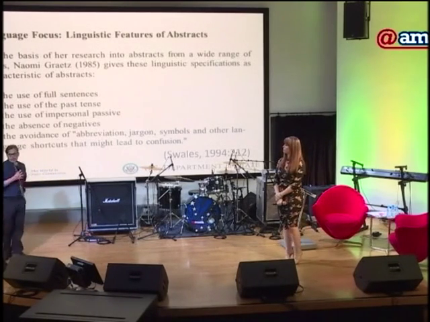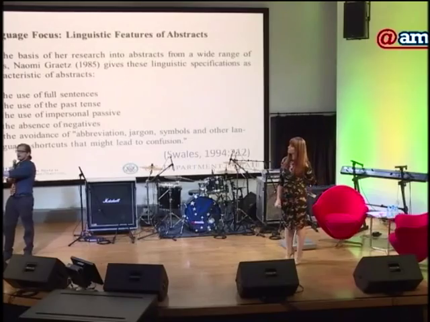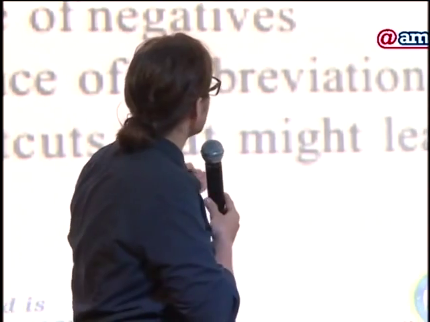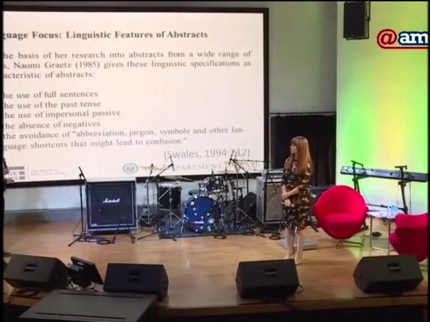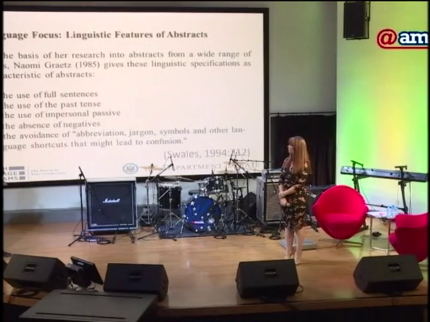And I heard this over here in my group when we were discussing the features for international publication: you want to use clear language that can be understood by a wide audience. So you do not want to use abbreviations. You do not want to use jargon. You do not want to use symbols or other language shortcuts that could lead to confusion.